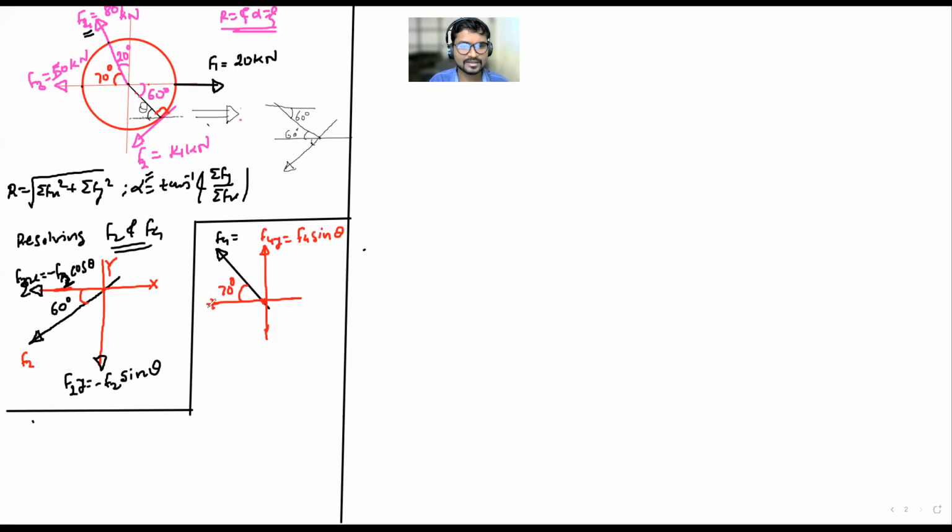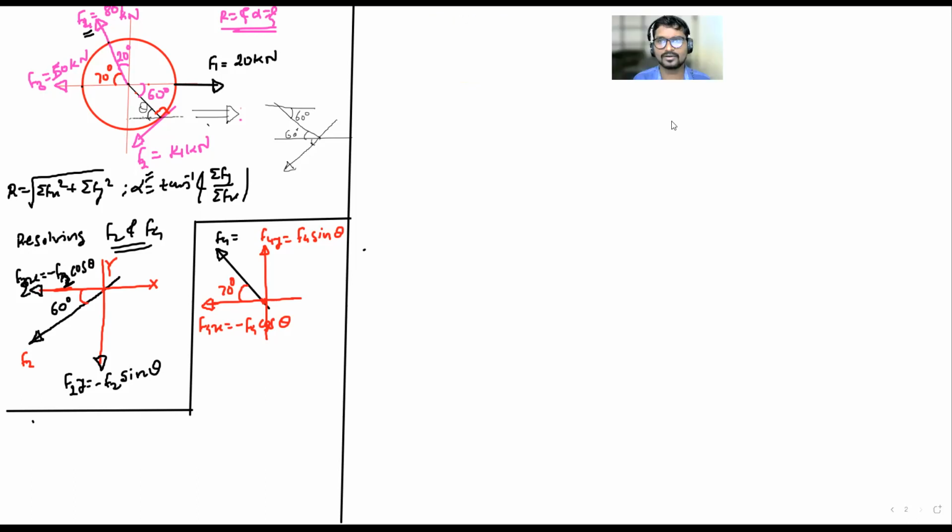आणि इकडं काय असेल? F4x, x component प्लस की मायनस? Minus. मायनस F4 cos ऑफ थीटा. ओके, आता F1 आणि F3 ह्या दोघांना रिझॉल्व्ह करायची गरज आहे का? नाहीये. Now we will go for directly the resultant. नो. हाऊ कम रिझल्टंट? त्याच्या अगोदर काय करायला लागतं?